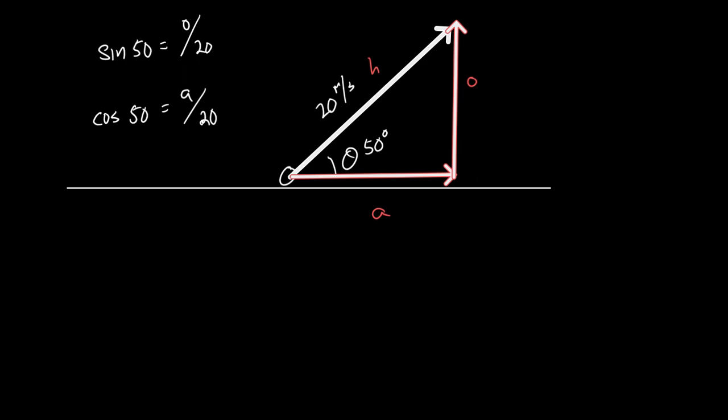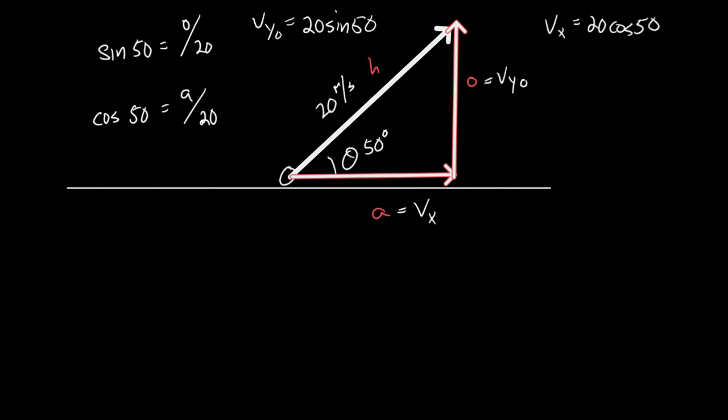I'm not going to worry about tangent, but the opposite is Vy naught, and the adjacent is Vx. I know I'm going quickly, but not terribly so. We've seen this before, and we've done trig. So it looks to me like Vy naught is 20 sine 50, and Vx is 20 cosine 50.